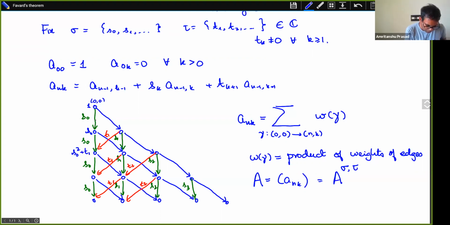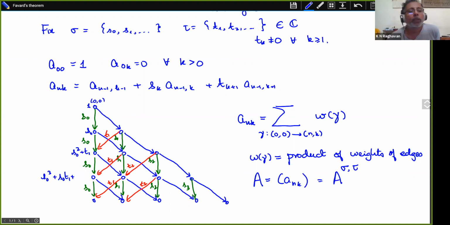Okay, there are two paths from 0,0 to here. If you go to the next column, you will see the paths. So here you'll get S0 cubed plus, then you have this path T1 S0, and then you have S1, this S1 T1, S1, down, and S0, T1, S1.